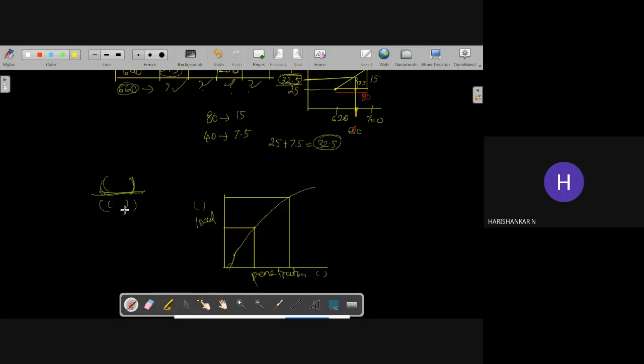If there is a standard subgrade, that standard value is a constant, and it goes in the denominator. Once you find the ratio, you multiply it with 100 so that you get the CBR value in percentage corresponding to 2.5 mm penetration.